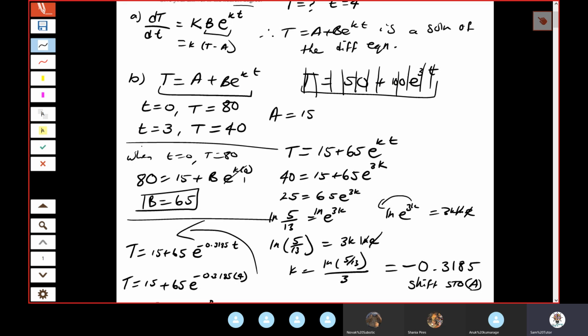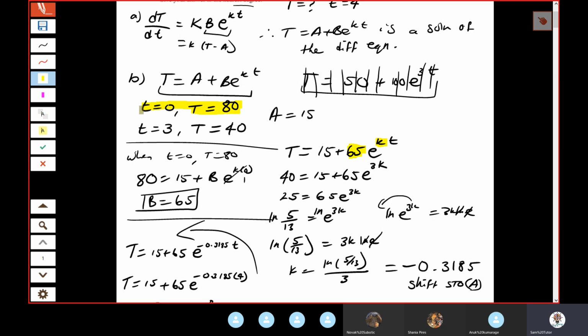Well, if I had chosen 3 and 40 first, I would still have had a problem with not having B here. When you do 3 and 40, you're going to be missing B and you're going to be missing K. So the trick usually is, don't do your second set of conditions until you've done your initial conditions.